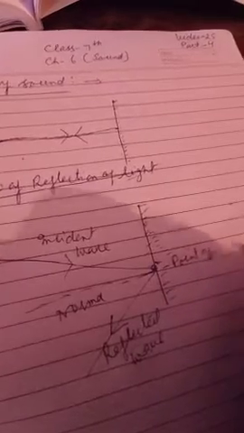This is the incident wave. This is the reflected wave. This is the normal and this is the point of incidence.